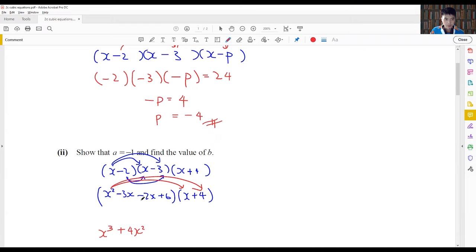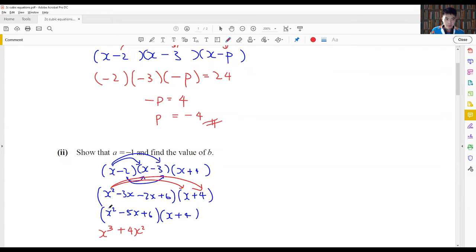Oh, this one I should have simplified. Let me just simplify it as well. x squared minus 5x plus 6, okay, x plus 4. So we have this times this, x cubed, this times this, 4x squared.